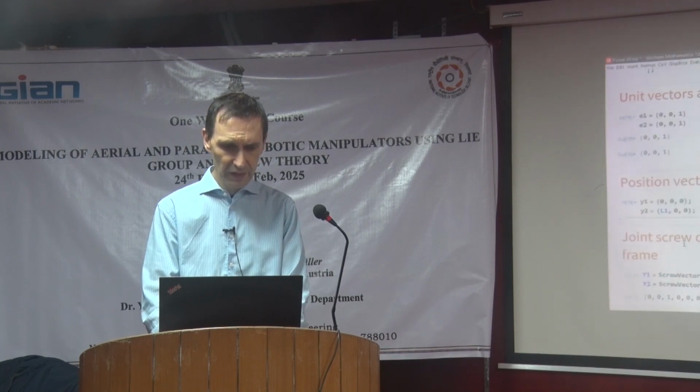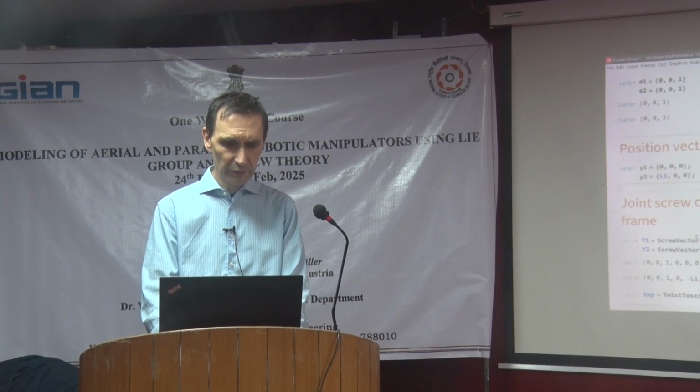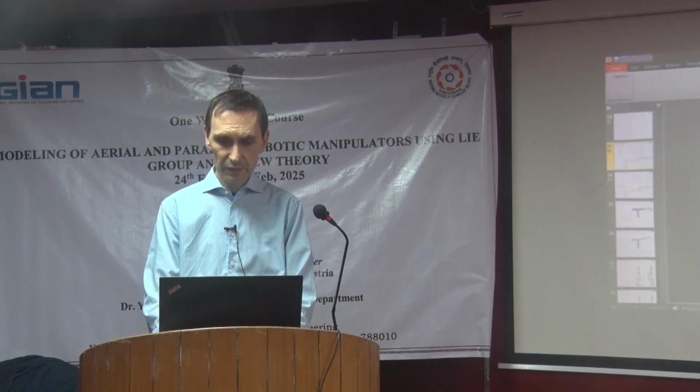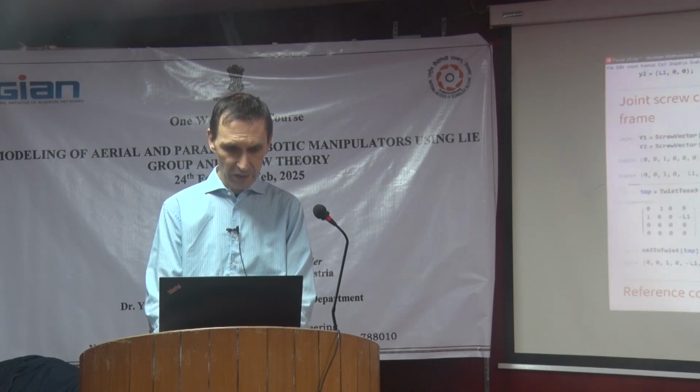0, 0. Okay. And then what we get is, of course, the screw coordinate vectors, and this is exactly what we got from taking the cross product, because this is exactly what's happening here.